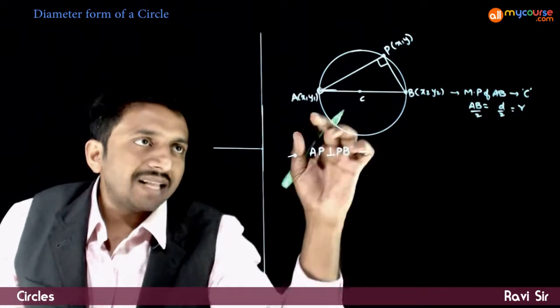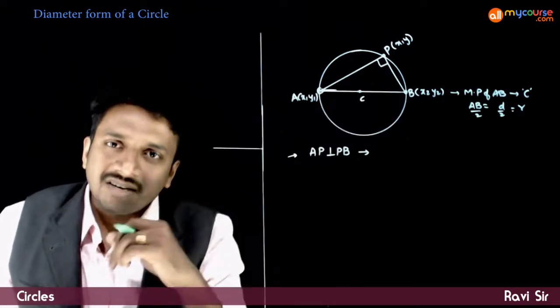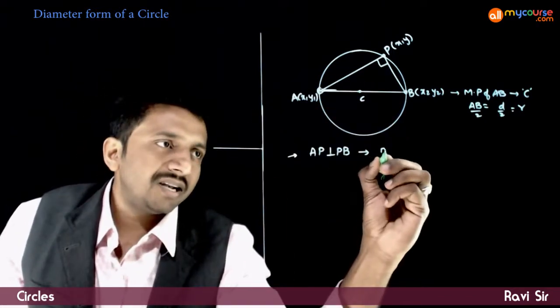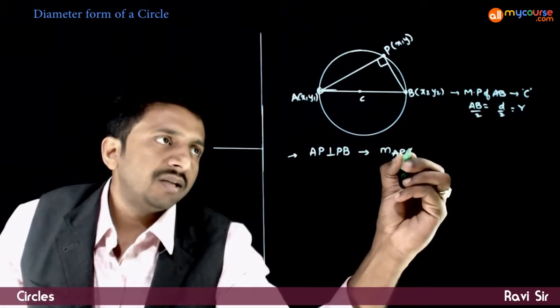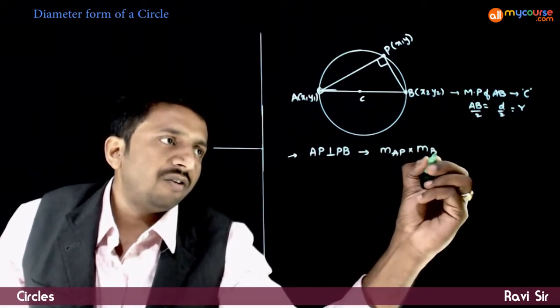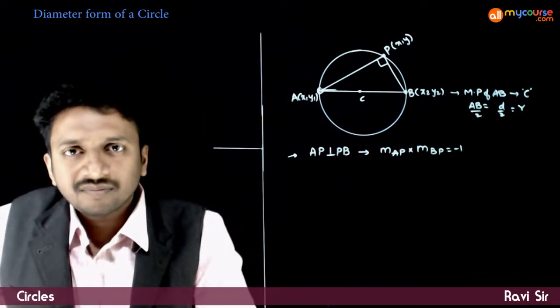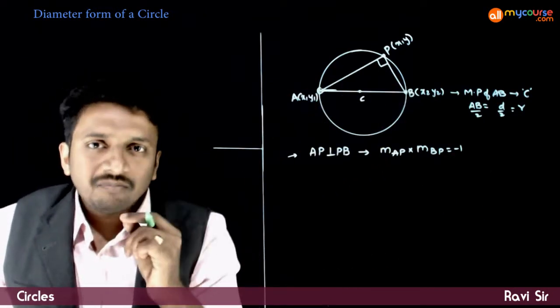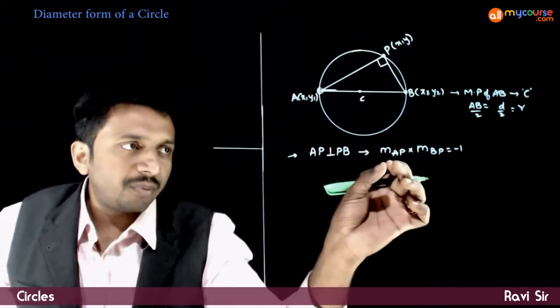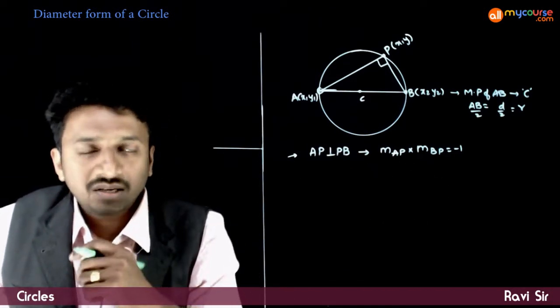Now what is the mathematical way in which I can write this condition? I can write the condition like slope of AP times slope of BP has to be equal to -1. Because these two lines are perpendicular to each other, the product of their slopes is -1.